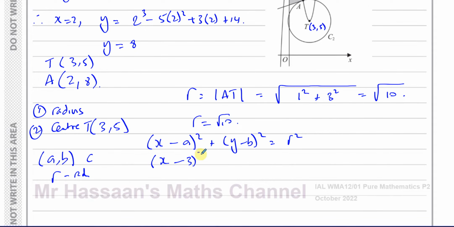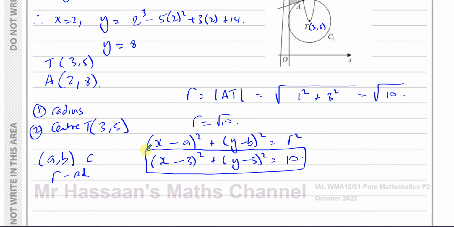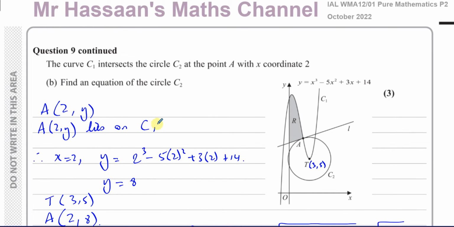So x minus 3 squared plus, and b is the y coordinate of the center, which is 5, y minus 5 squared equals r squared. That's going to be 10. So there is the equation of C2: x minus 3 squared plus y minus 5 squared equals 10. All right, so there's part B answered.